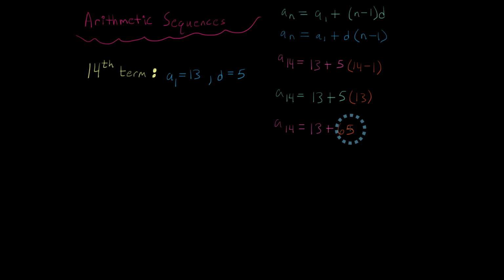Okay, so now from this point all I have to do is add 13 and 65 together, and I'll find out. I'm just going to change pen colors now. So I'll find out here that a sub 14 is equal to 13 plus 65, which is 78. So the 14th term here will be equal to 78. Cool, I'll see you in another video.